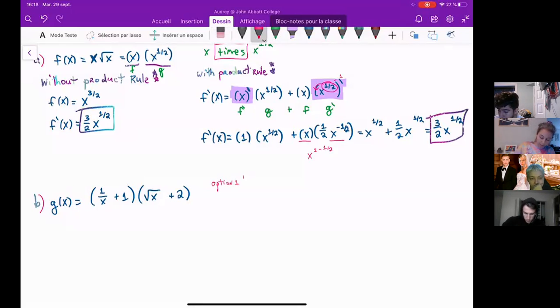My first option is to do what we learned how to do on Monday, to simplify this thing. On Monday, we learned that we can expand and use algebra rules to simplify to simple power rules. So option 1 would be to expand and simplify to apply the power rule.